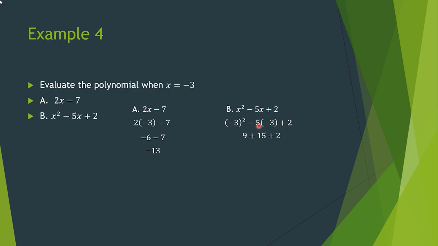This is like negative 5 times negative 3, which is a positive 15. Since here this is a minus, that becomes a plus. And then you just add across, so 9 plus 15 is 24, plus 2 gives you 26. When I tell you to evaluate, all you do is substitute and follow the order of operations.